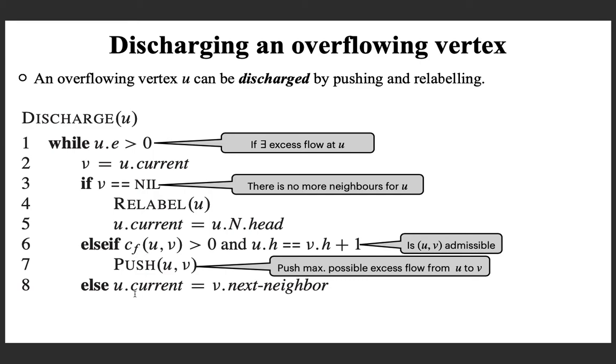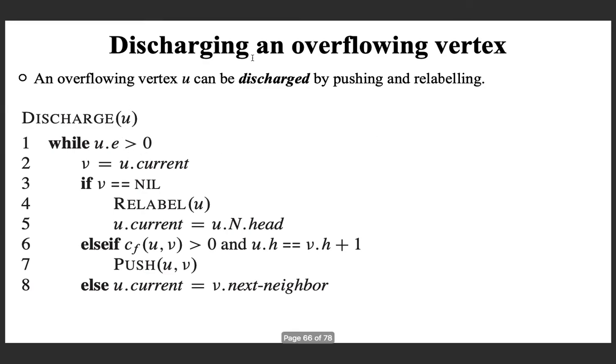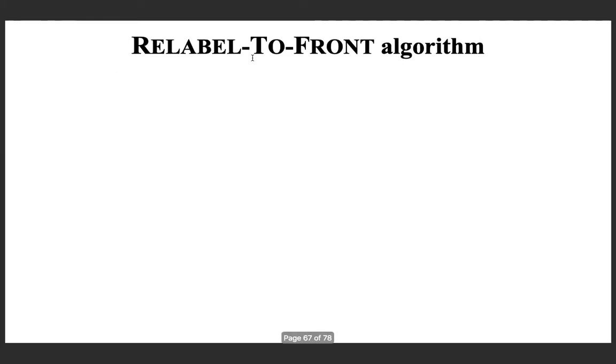Then you pick the next neighbor and repeat. So, note that the algorithm will definitely empty the excess flow at u once it is called. So, that is the discharging procedure.